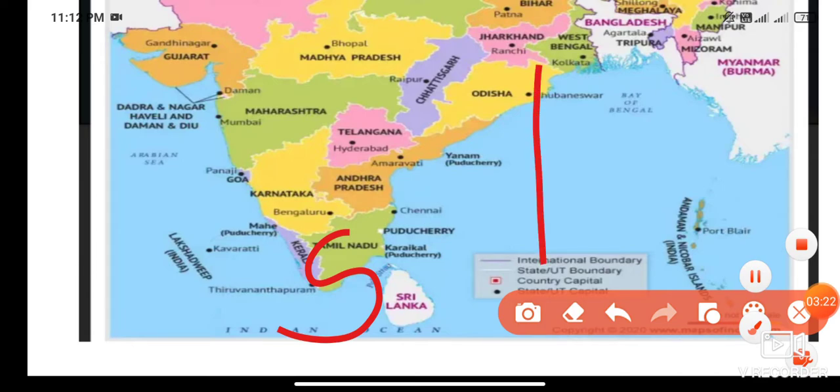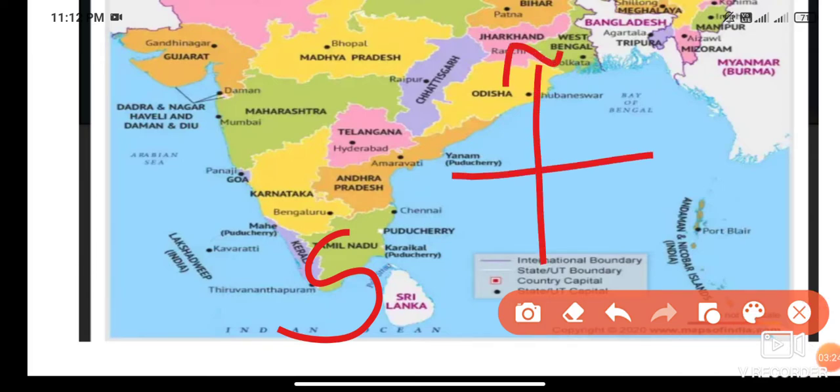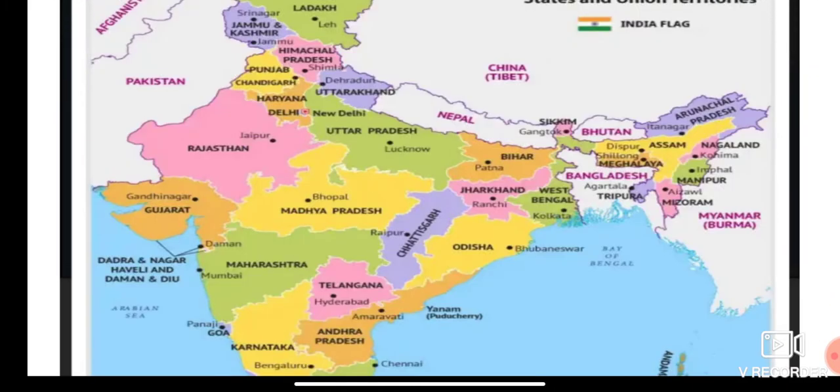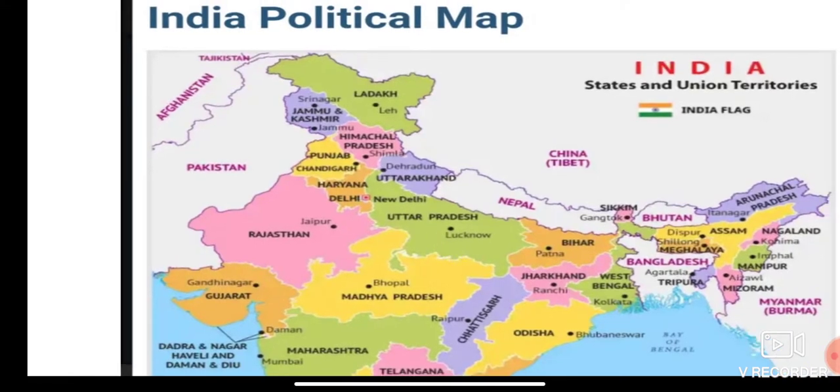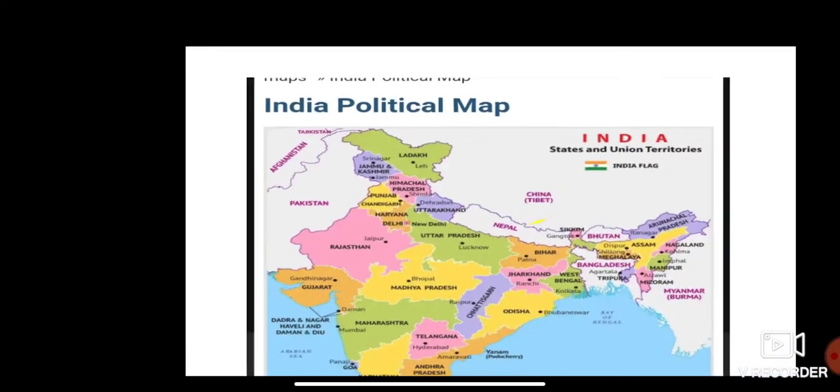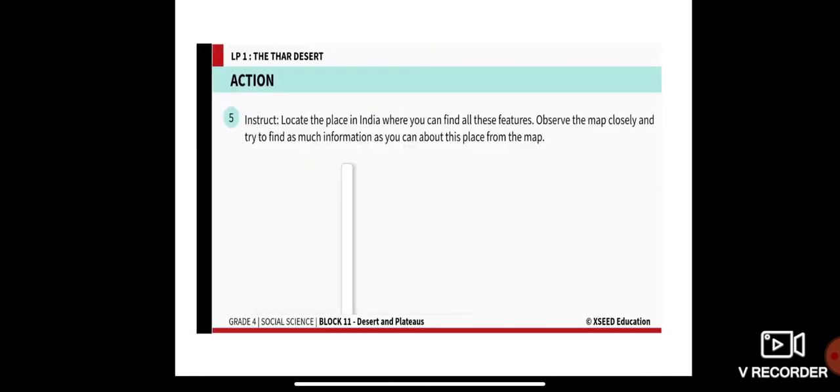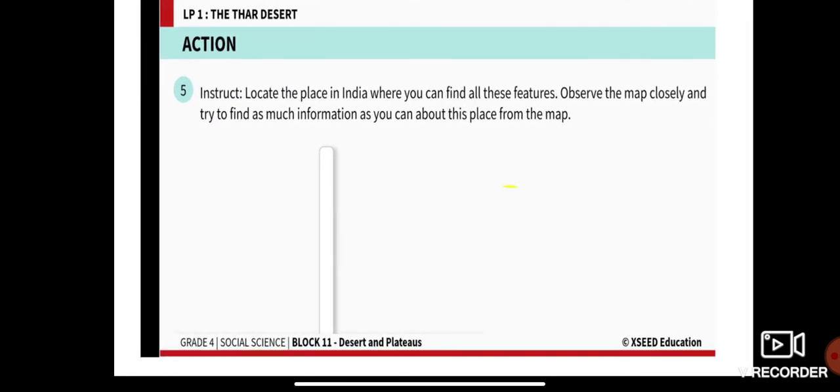I hope you have learned about the directions: north, east, west and south. Let's move ahead. Now please locate the place in India where you can find all these features.